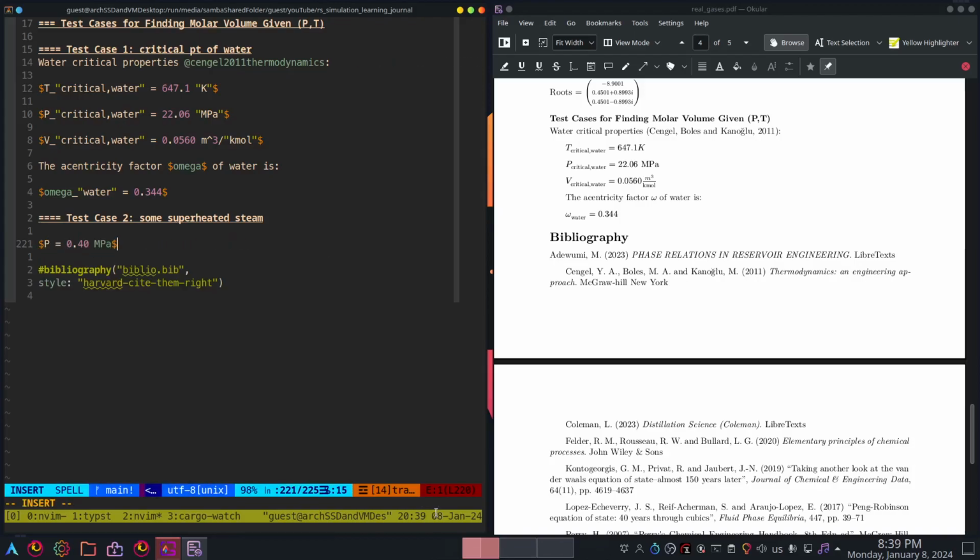Let's do this. Temperature. What should the temperature be? 600 degrees C. 600 degrees C.